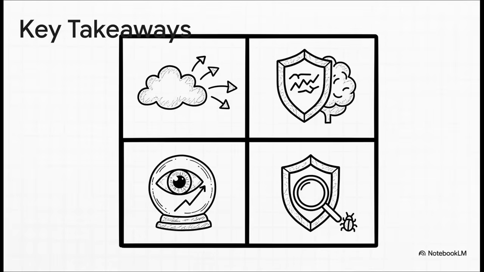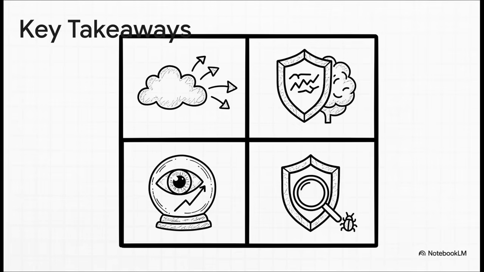So if you're going to walk away remembering just 4 things, let it be these. First, a scalable, serverless architecture that grows with your business, not against it. Second, an integrated firewall so you can actually use AI safely without taking on all that risk. Third, predictive insights that change your security from just reacting to being proactive.